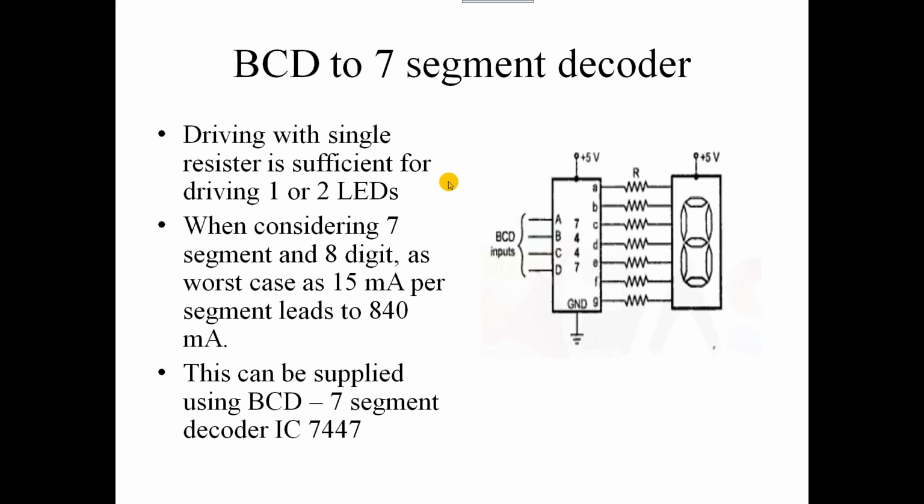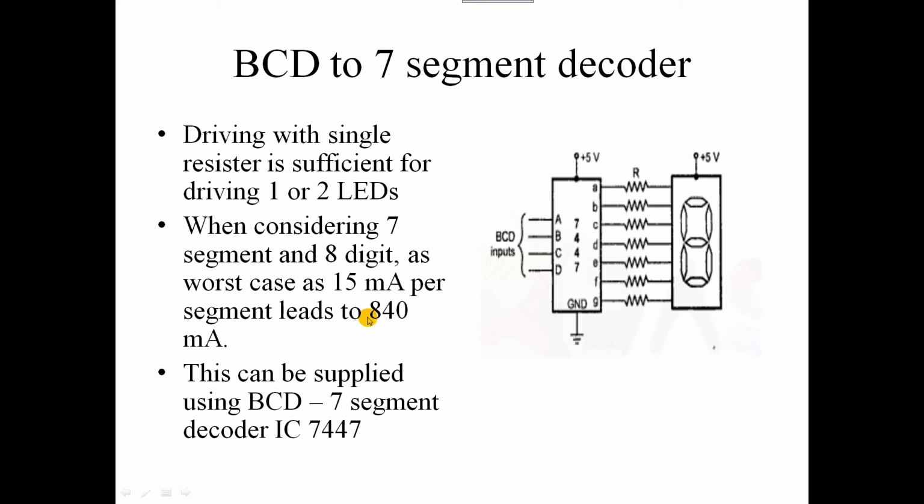When considering 7 segments being used for 8 digits, the worst case of 15 milliampere per segment gives 15 milliampere into 7 segments into 8 digits, which means we will get 840 milliamperes.